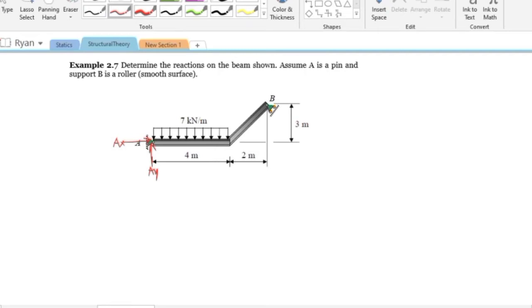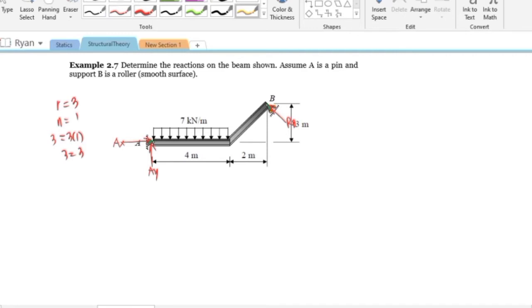So for the roller, we only have one reaction perpendicular to the surface at the point of contact. So meaning this is the reaction at point B. Since the number of reactions is equal to 3 and we only have one member, 3 is equal to 3 times 1, 3 is equal to 3, meaning this is statically determinate.